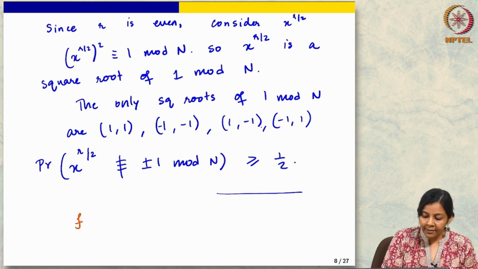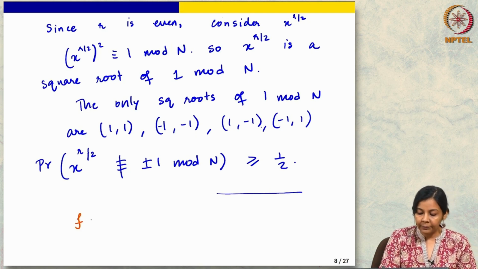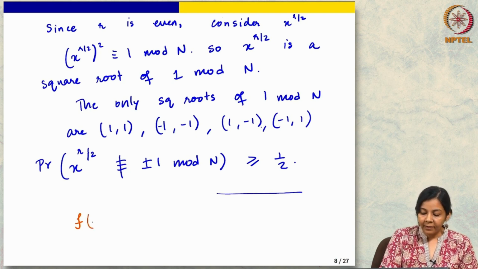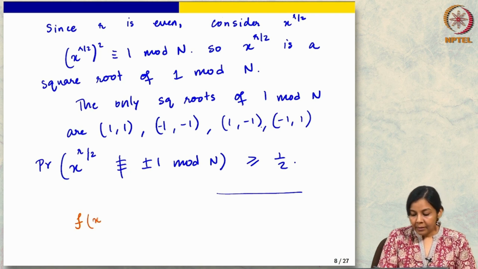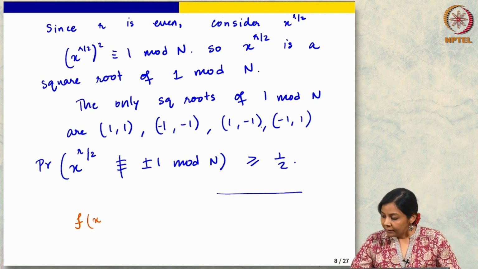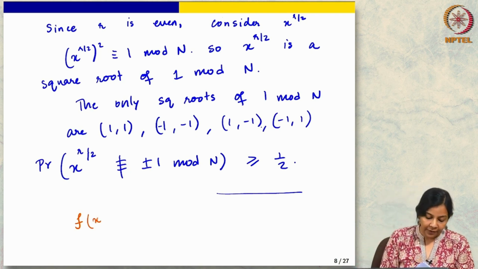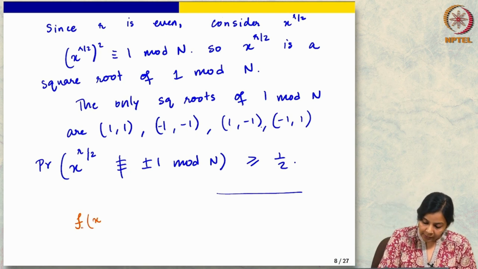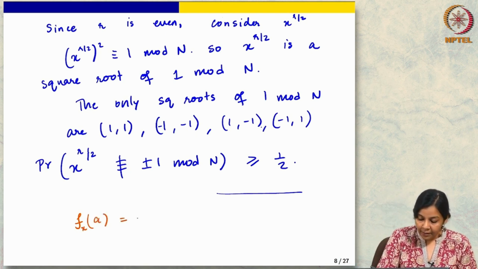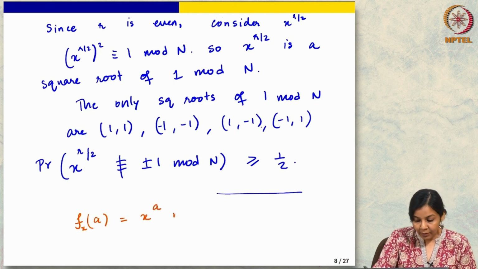So let's think of our function f with x in the subscript, f_x of a equals x to the a mod n.